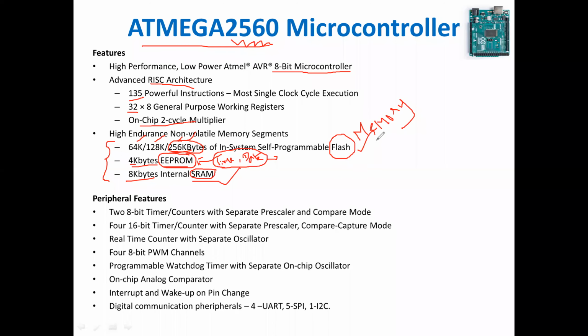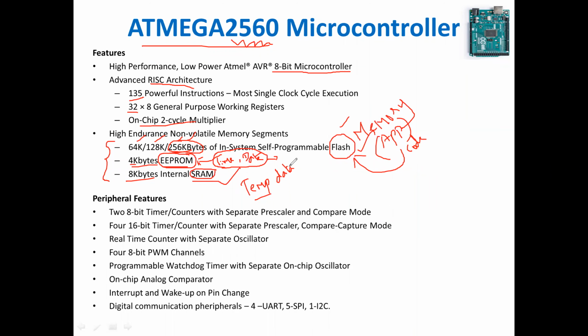Here, in the flash memory, your application program will be loaded. I write a program for a stepper motor, I write an application program for traffic control, or whatever the application may be, the code will be loaded into the flash memory. So flash memory will be loading the application program. In SRAM, you will be using some temporary data. If you want to load a sequence of data for temporary storage, you can store it in the RAM.